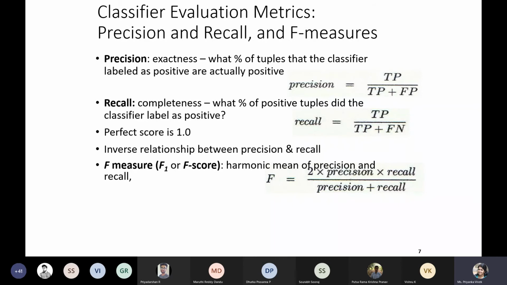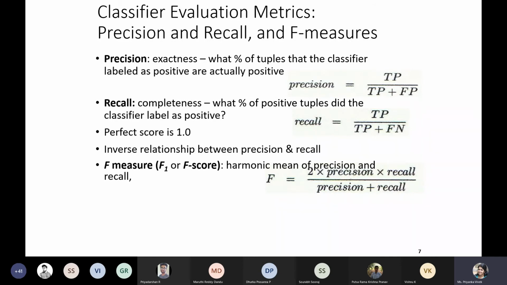The perfect score is always 1, so we should see how good our model is based on that. We will also see precision, recall, sensitivity, specificity, etc., and based on that we choose our model. There is also the harmonic mean of precision and recall. In some papers, you would see that the F measure is also used.